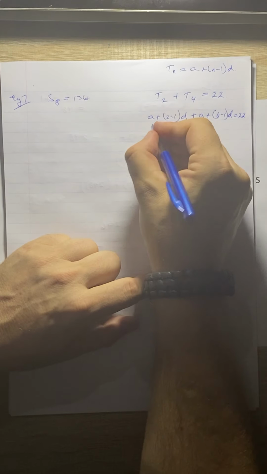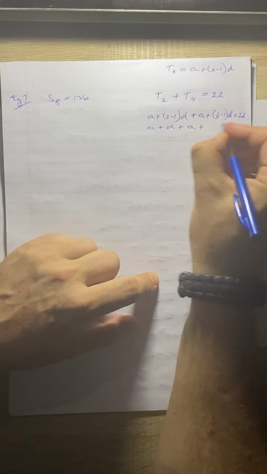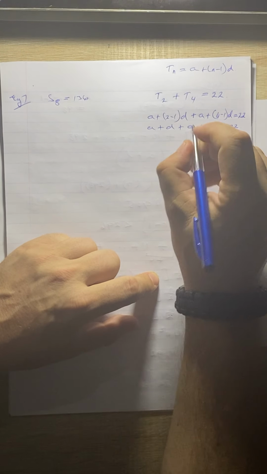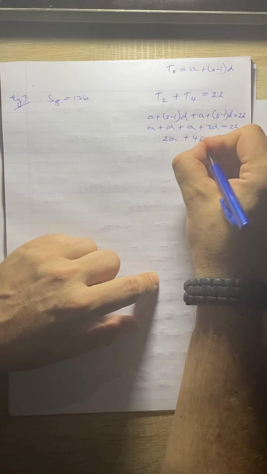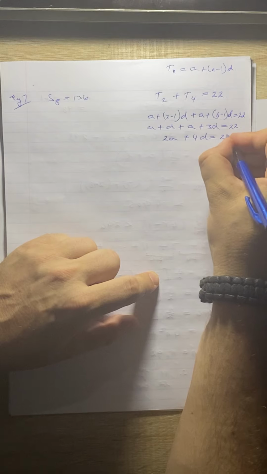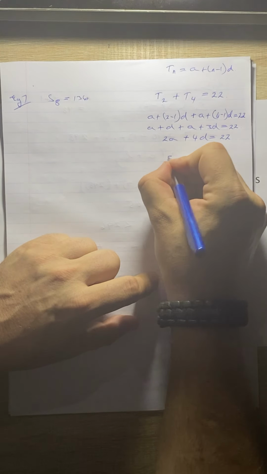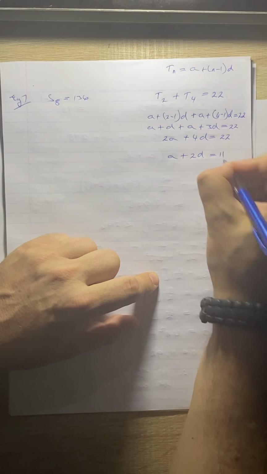Let's just simplify this. So we get a plus d plus a plus 3d is equal to 22. So we get here 2a plus 4d equals 22. I can just divide through by the 2 here, and we get a plus 2d is equal to 11.